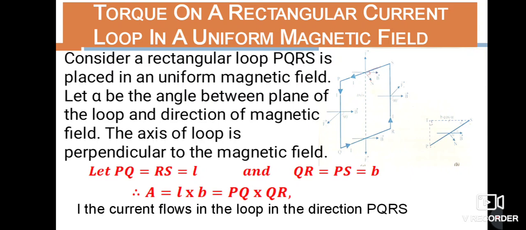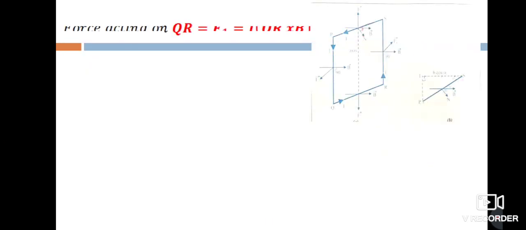Let I be the current which flows in the loop in the direction PQRS, as the arrow marks show. The loop then experiences magnetic forces. The first magnetic force, F1, acts over QR.